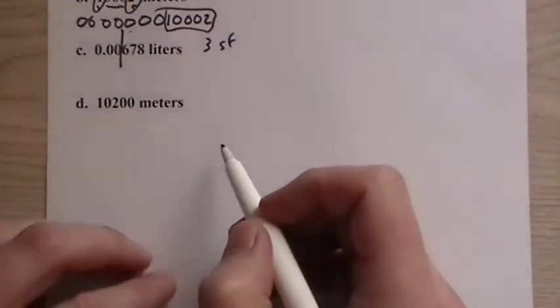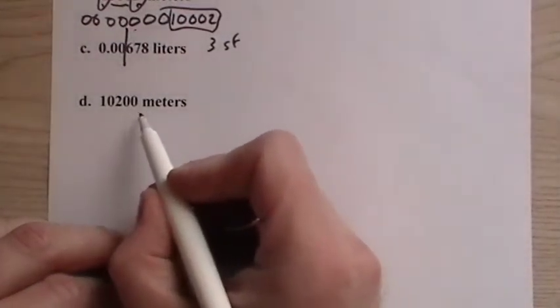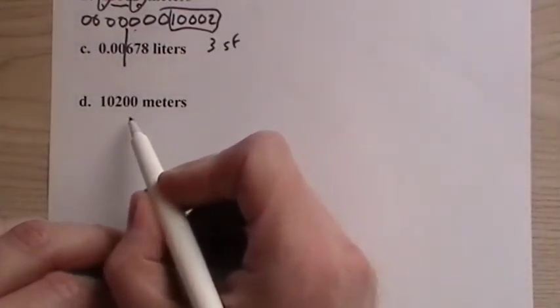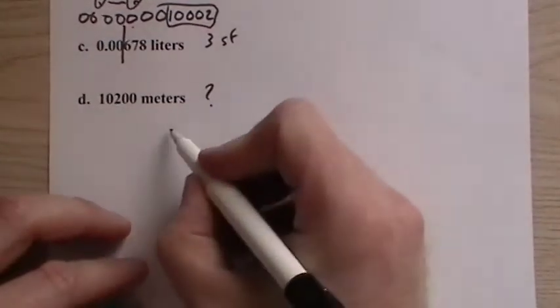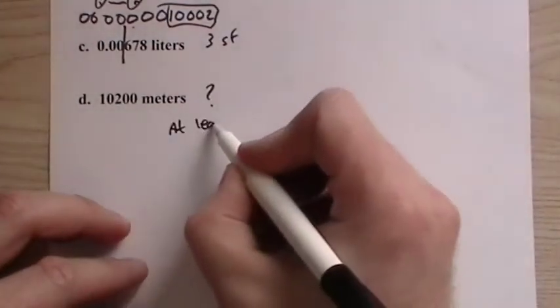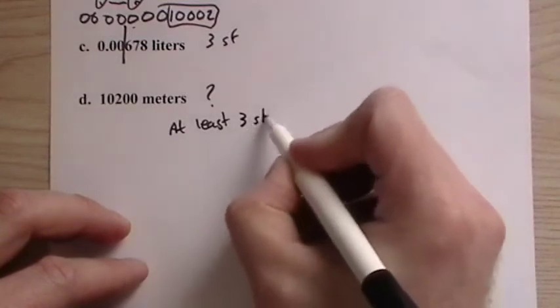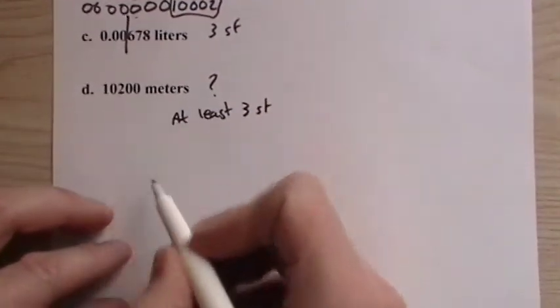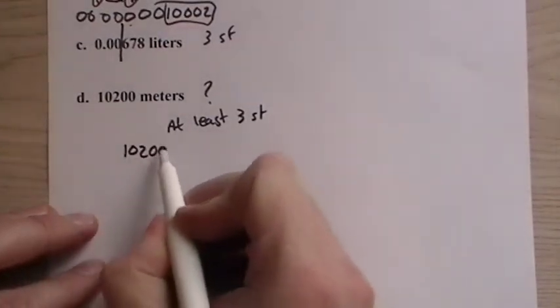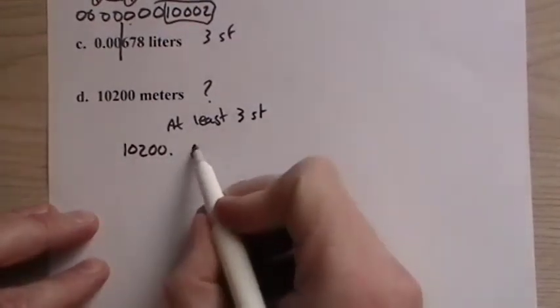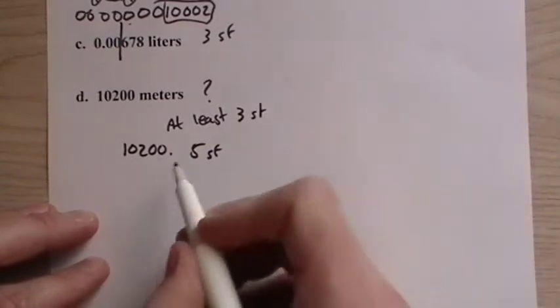This one gives us a little trouble. Trailing zeros, if there's no decimal place, may or may not be significant. So we can't say. We can say at least 3 significant figures, but we can't say anything more. Now if we put a decimal place there, then 5, definitely.